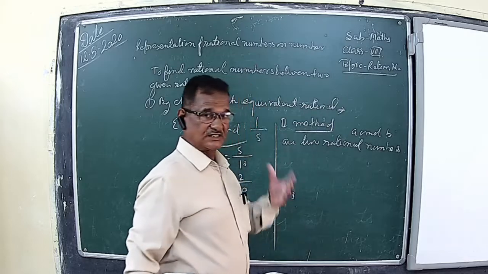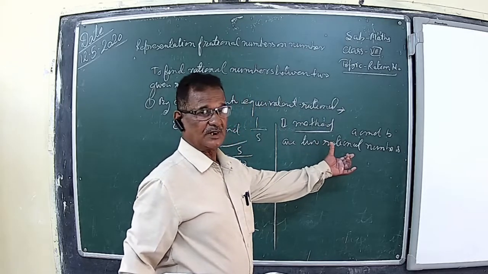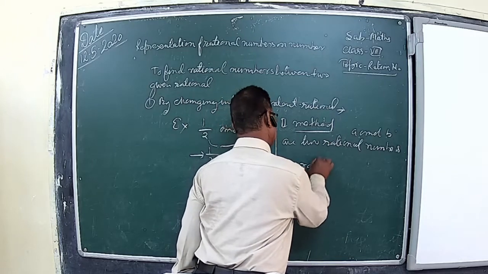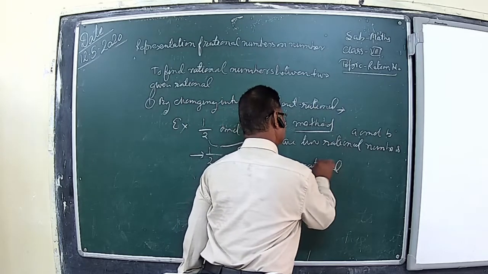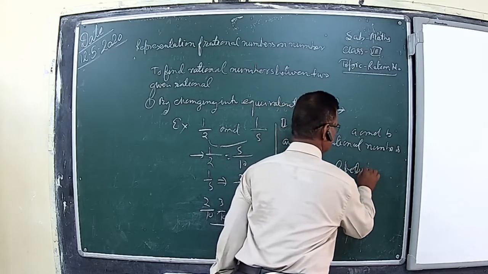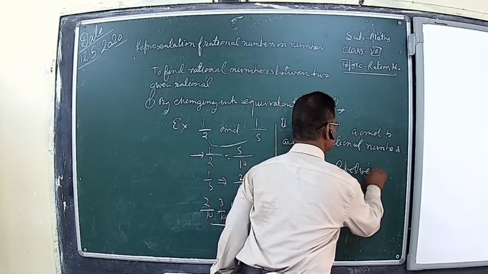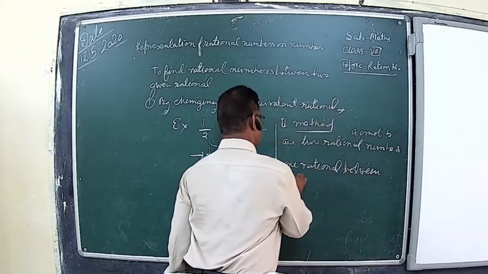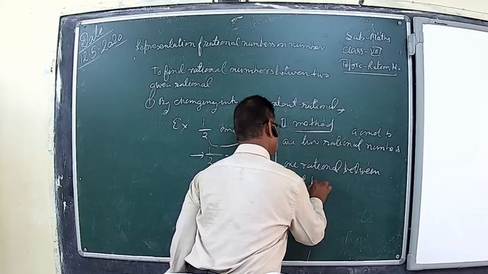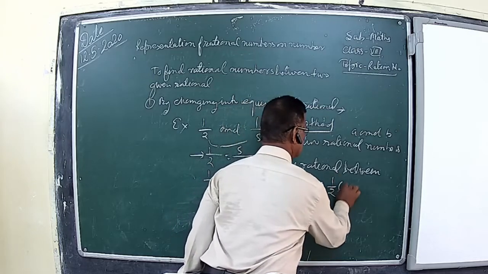We get one rational number between these two rational numbers. That is, one rational number between A and B is equal to 1 upon 2 times (A plus B).